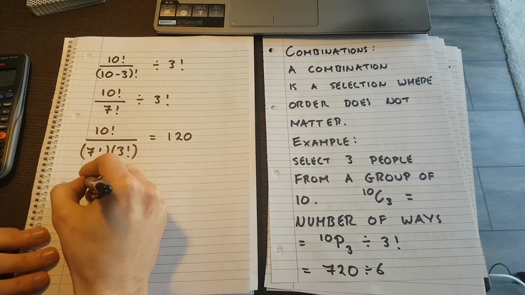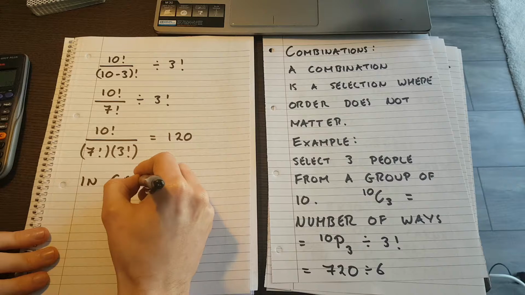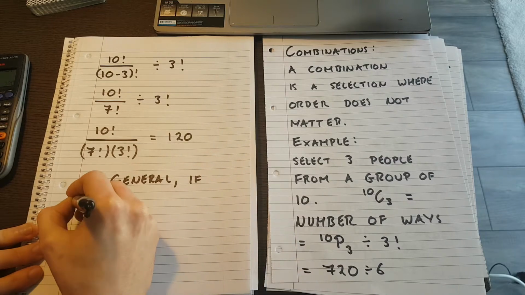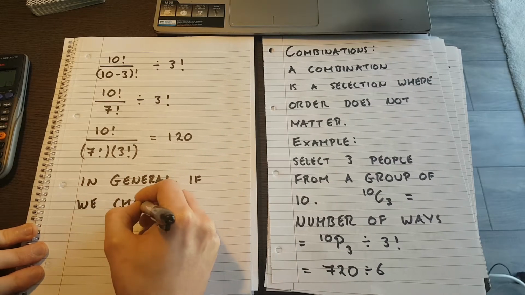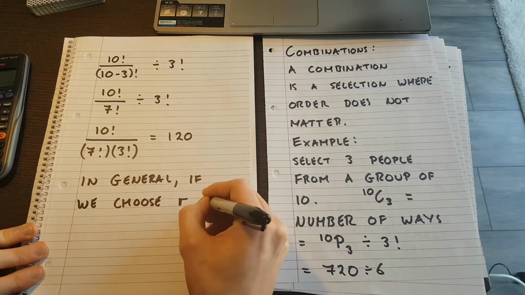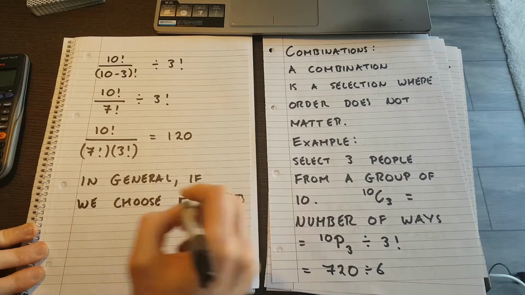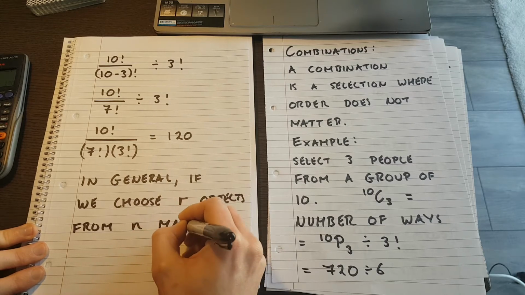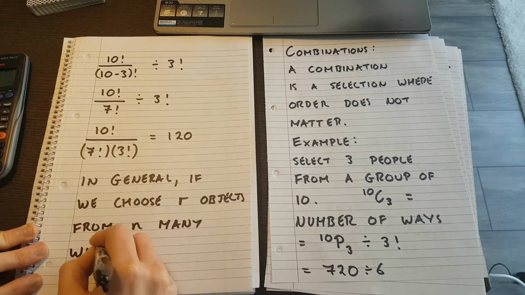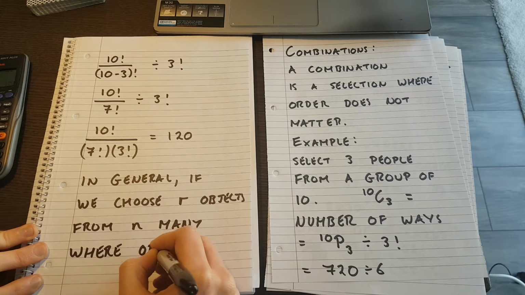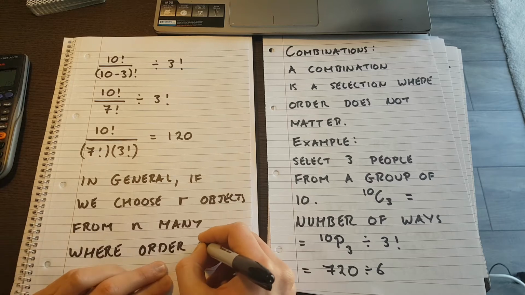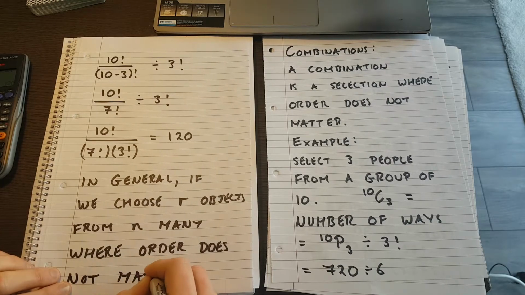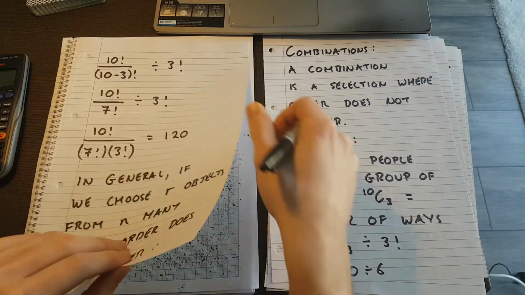So in general, if we choose r objects, individuals, from n many, where order doesn't matter, what do we have?